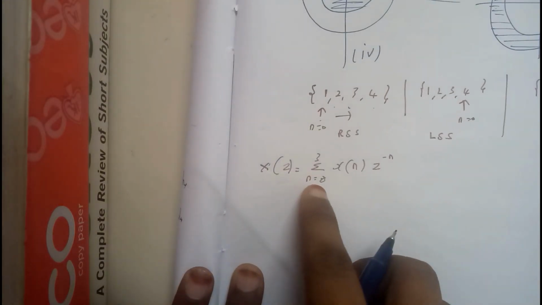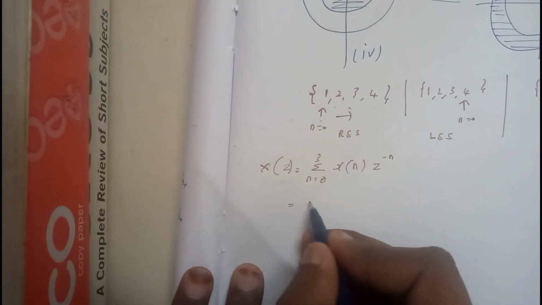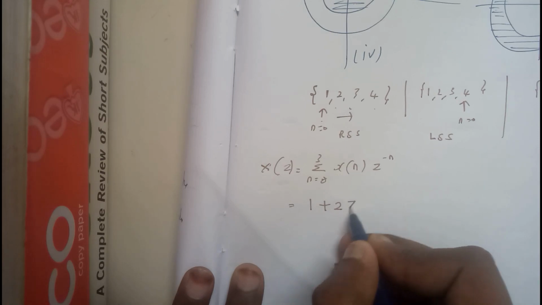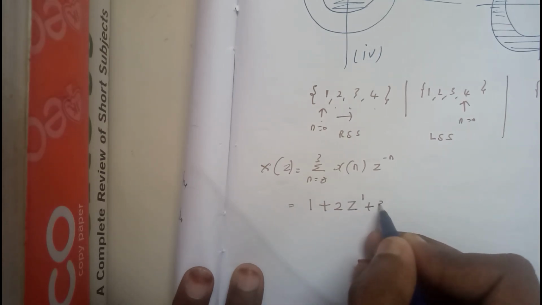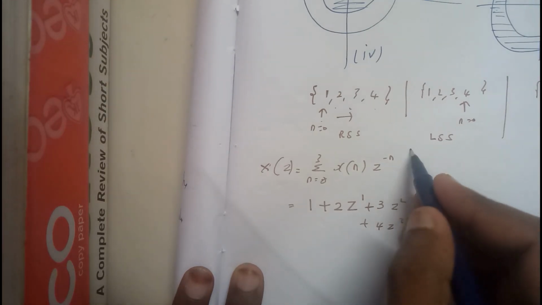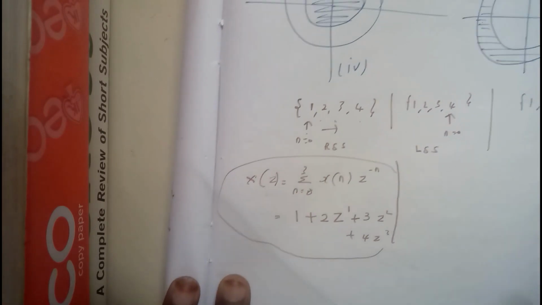Here we are substituting n equals 0, so the first value will be 1, plus the second value 2 into z to the power of minus 1, plus 3 into z to the power of minus 2, plus 4 into z to the power of minus 3. So this will be our right sided signal in terms of Z transform.